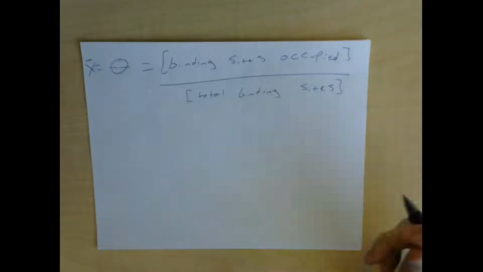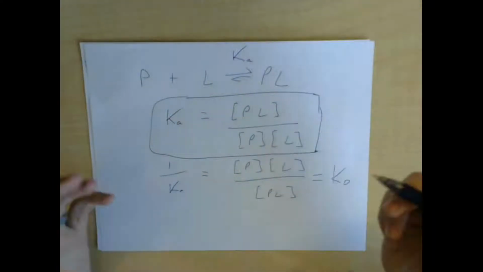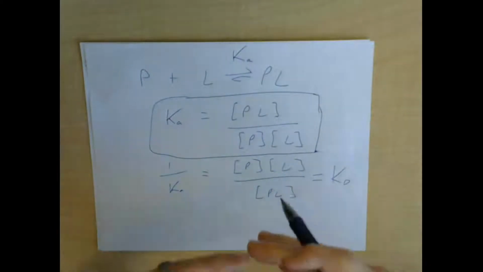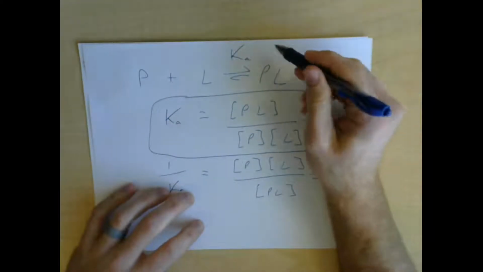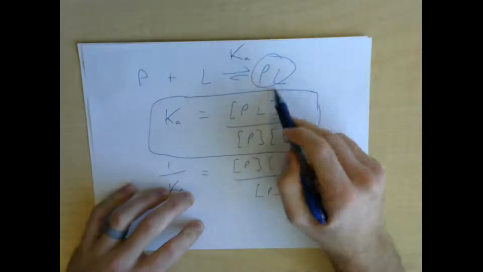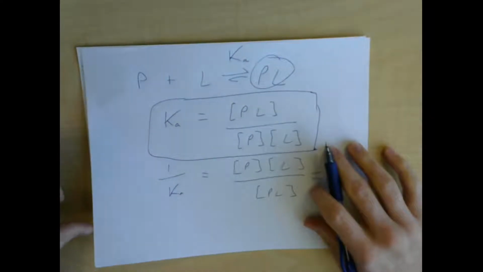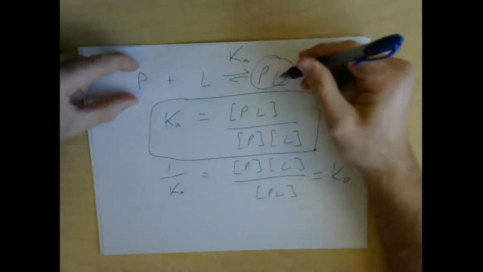Now, if we go back to this scheme, I have everything I need right here. The concentration of occupied binding sites is given by the concentration of PL, and the concentration of my total binding sites is given by the sum of P plus PL.